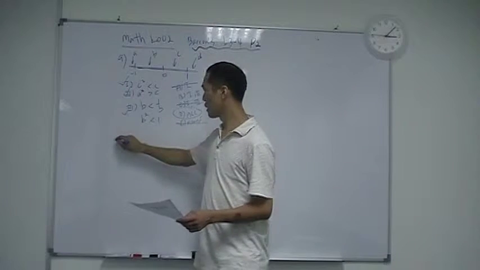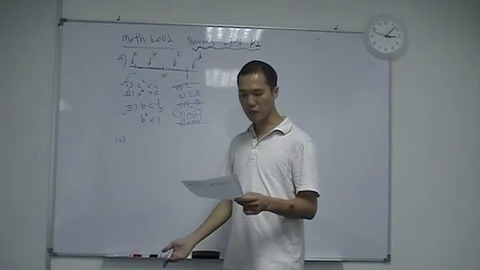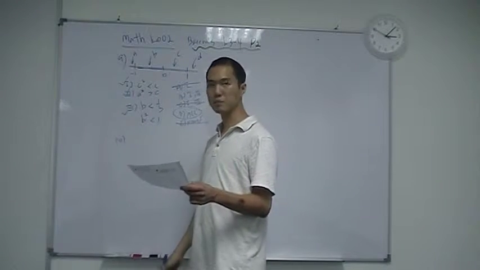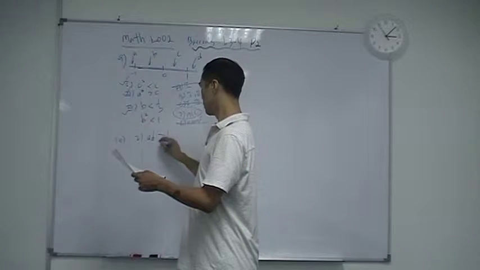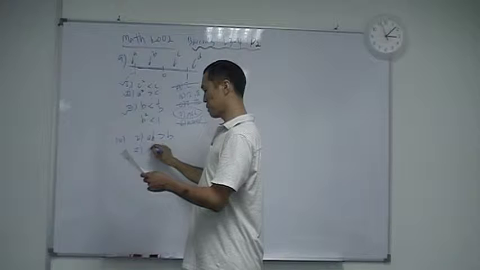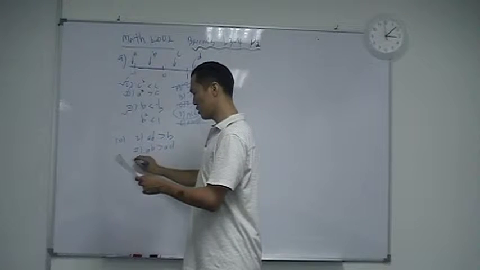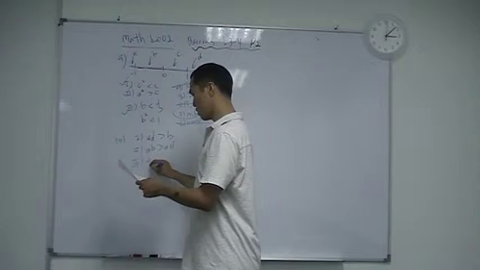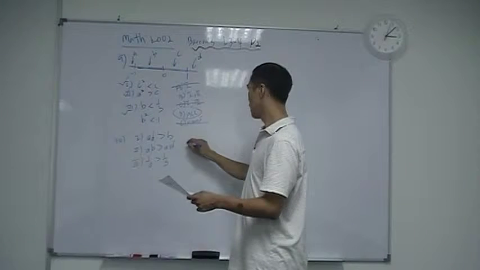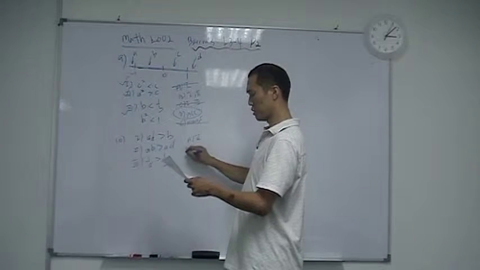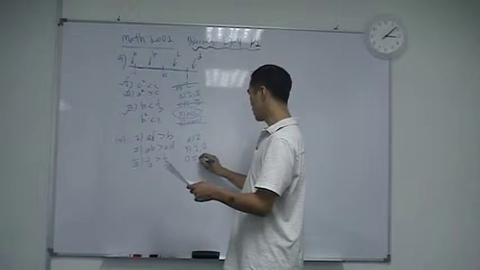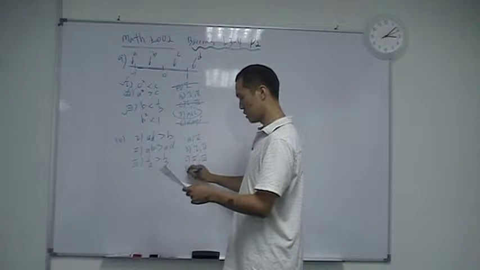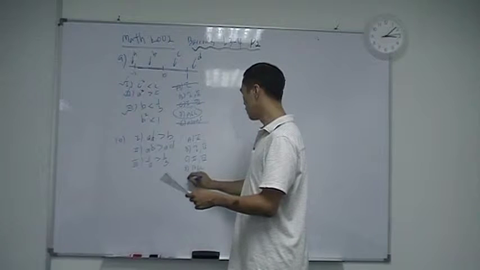Yeah? Number 10. Again, which of the statements must be true? 1 is AD greater than B, 2 is AB greater than AD, and 3 is 1 over A greater than 1 over B. A is 2 only, B is 1 and 2, C is 2 and 3, D is all, and E is none.